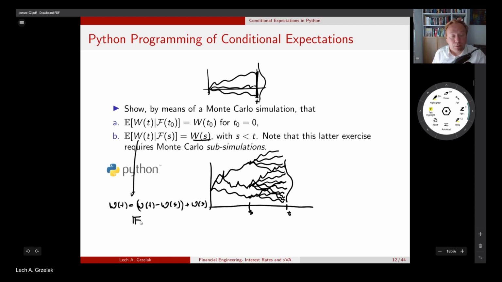Then if you look at the conditional expectation of W_t given F_s, using the linearity of expectation, we have the conditional expectation of W_t minus W_s given F_s, plus the expectation of W_s given F_s.